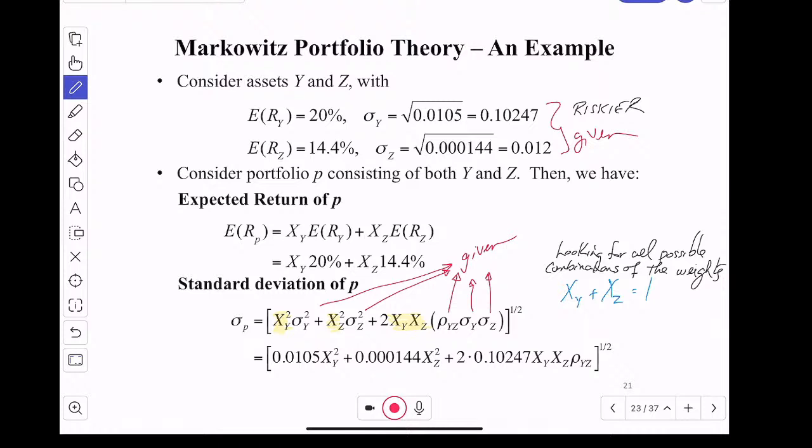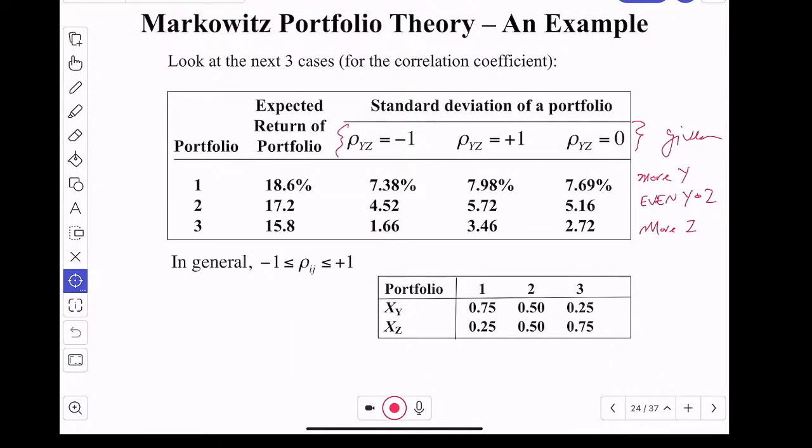So here with the data, for instance, that you've been given, I leave the weights out, and then I vary the correlation coefficient, looking at the possibilities, the limits of the possibilities for the standard deviation using the extremes -1 and +1, and then no correlation.